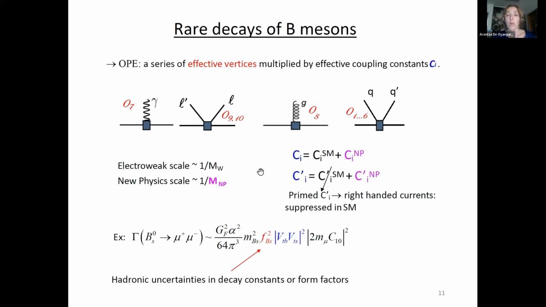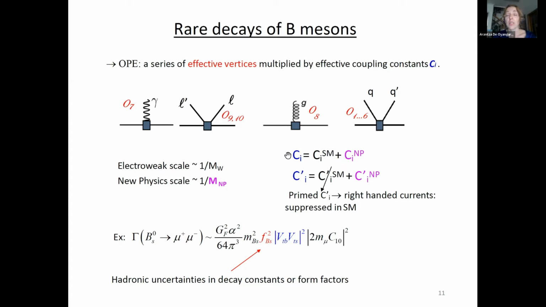The idea is that these coefficients can be calculated in the standard model with high precision. If you have a new particle in these loops, in these vertices, that will mean that you have a contribution to the Wilson coefficient coming from new physics.